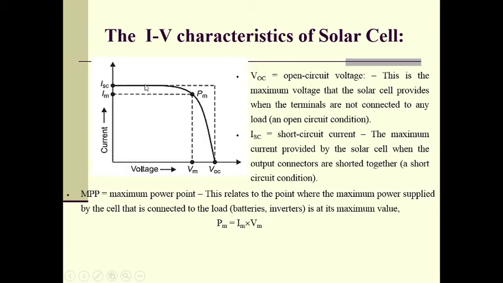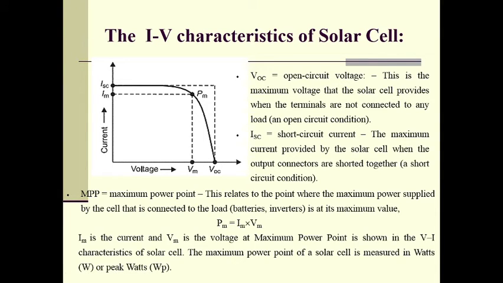If we take this point and have a rectangle like this, we can measure the area bounded by this rectangle, and we can measure the power for particular I and V values, but the maximum value of this power we will get for Im and Vm, right? So that is called the maximum power.